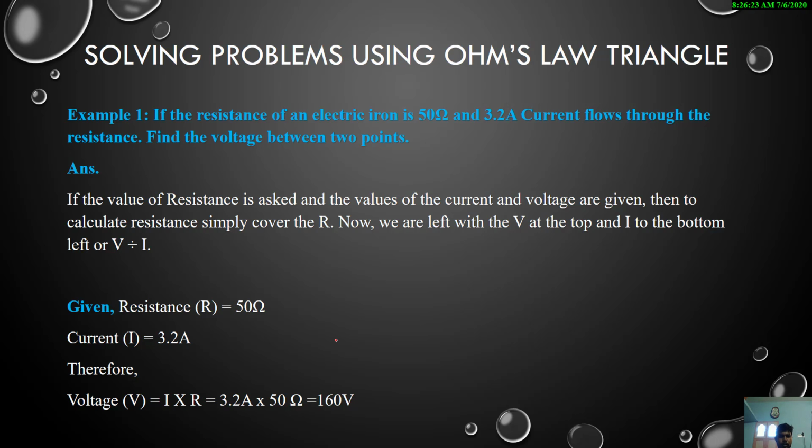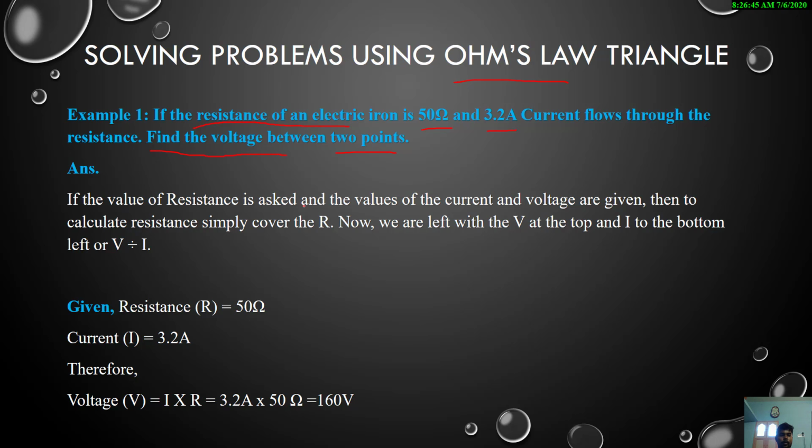And we will see a problem solved using the Ohm's law triangle. If the resistance of an electric iron is 50 ohm and 3.2 amps of current flows through the resistance, find the voltage between the two points. This is the question. How do we find the voltage?